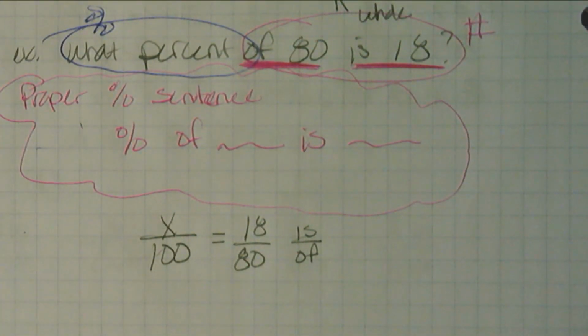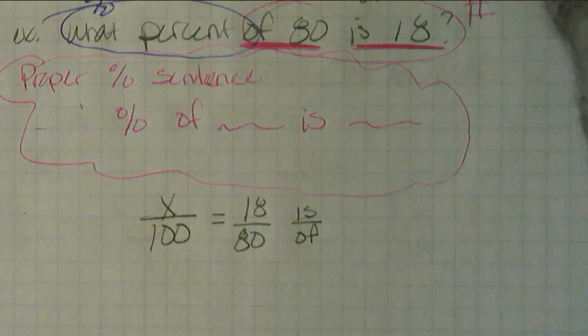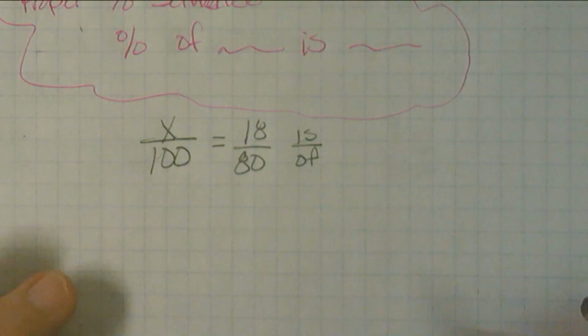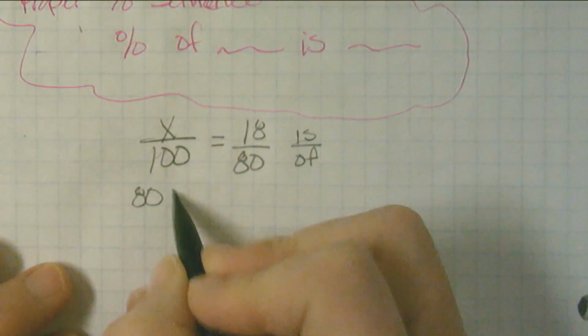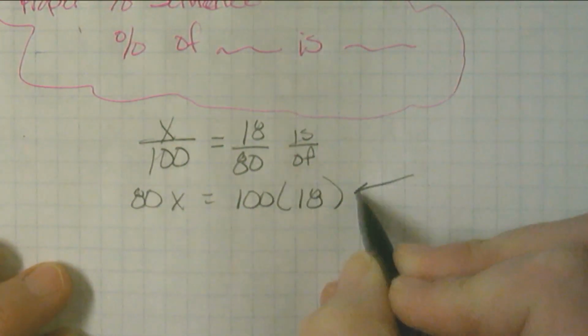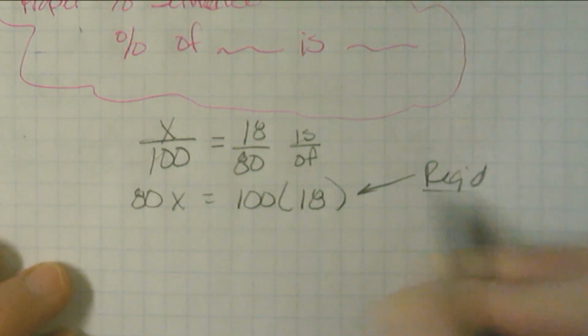And now I go ahead and I solve that. All of you guys solve that, please. Remember, you're using your cross multiplication. You have to show me all your steps. So I should see 80 times x is equal to 100 times 18. That is a required step.